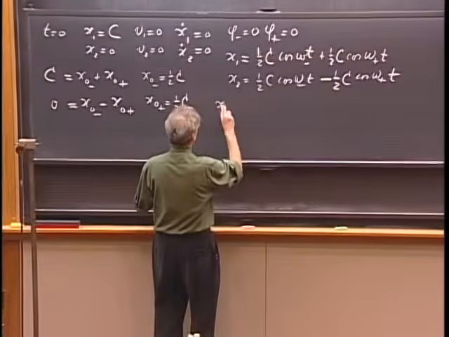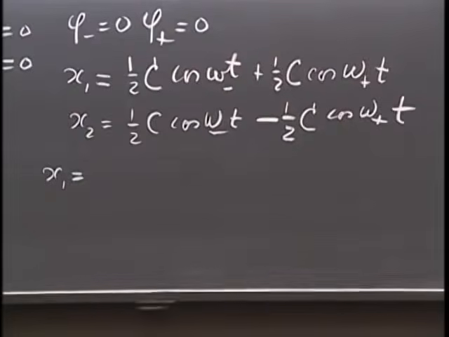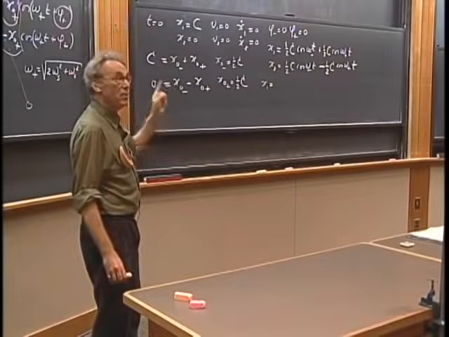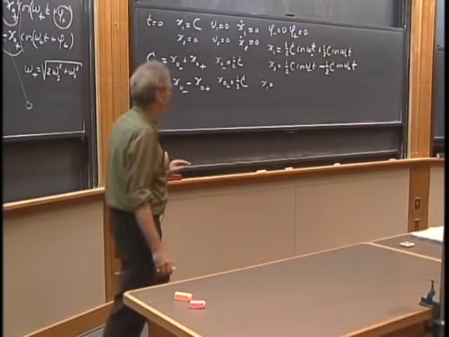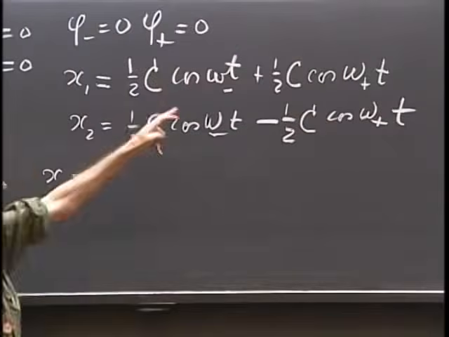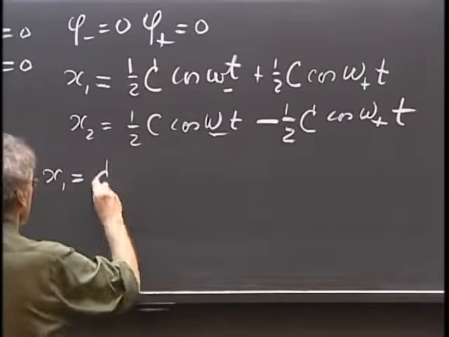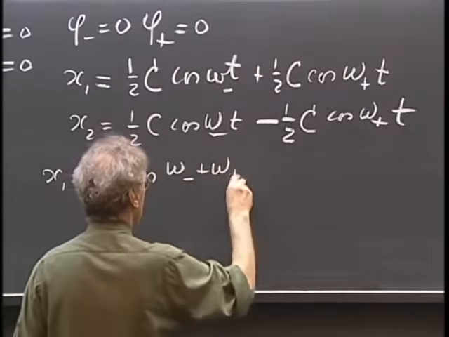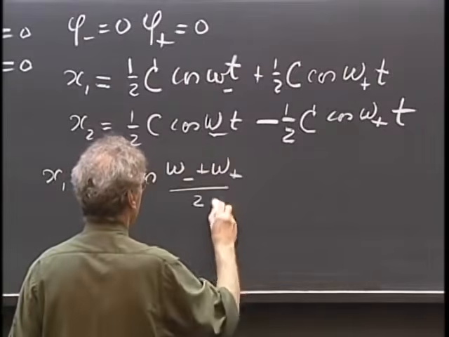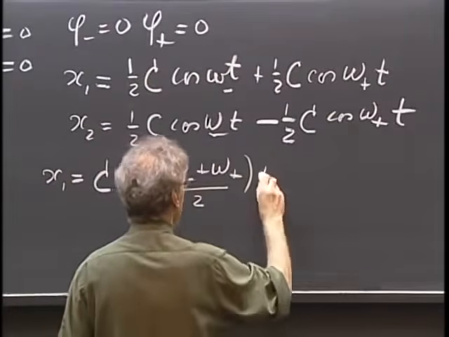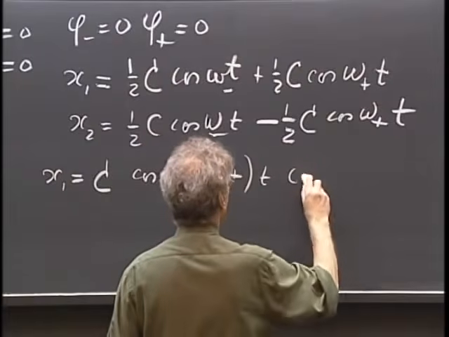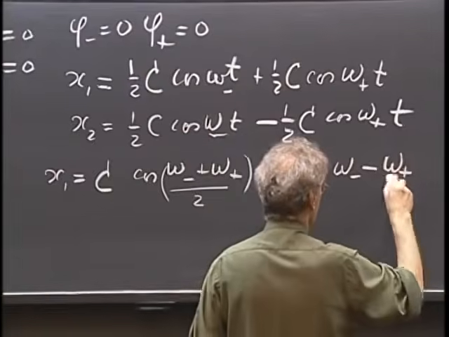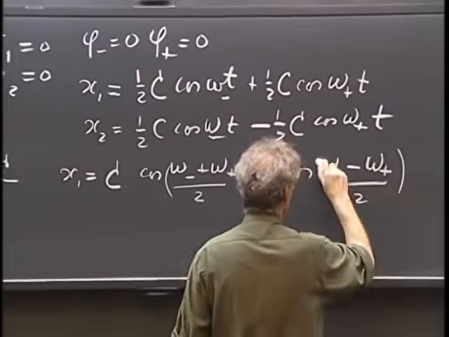So I can write down x1 as twice the cosine of half the sum times the cosine of half the difference. So that 2 that I get eats up these 1/2s. So I get c times the cosine of (omega minus plus omega plus) divided by 2 times t times the cosine of (omega minus minus omega plus) divided by 2 times t.